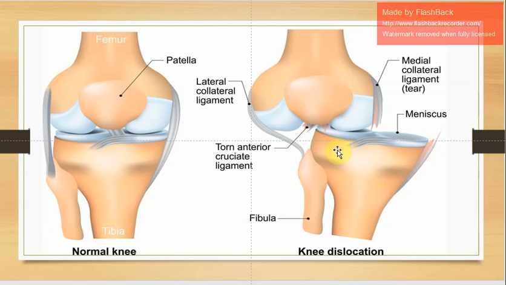Here the tibia is displaced away from the joint towards the medial side, and this is the fibula. The medial collateral ligament is torn on this side, and the anterior cruciate ligament is torn here. And this is the lateral collateral ligament, stretched.